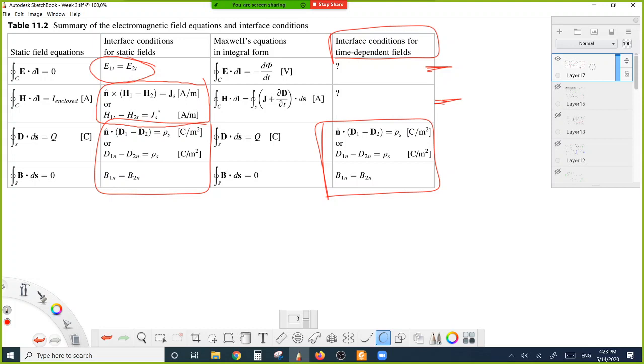Third, conditions at the interface are given in terms of components of the field at the interface. The tangential and normal components at the interface are the required interface conditions.